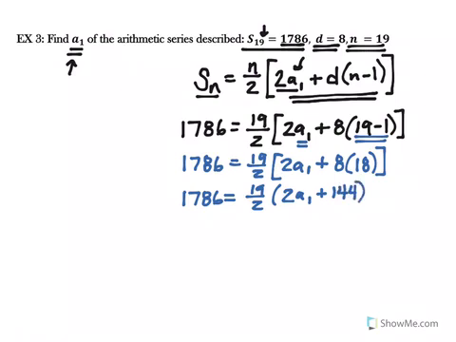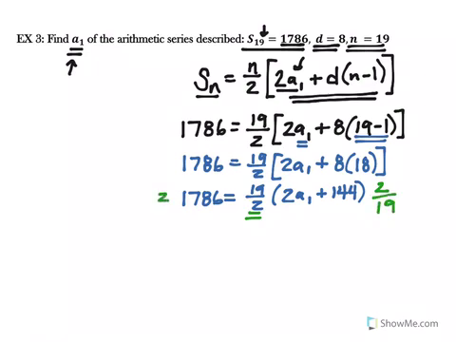Now, we're still trying to get at a sub 1, so the next thing we want to take care of is this 19 halves. Well, relative to a sub 1, we're multiplying by 19 halves. So if I divide both sides by 19 halves, that will help cancel out over here. Well, dividing by 19 halves is the same thing as multiplying both sides by 2 19ths, or the reciprocal.